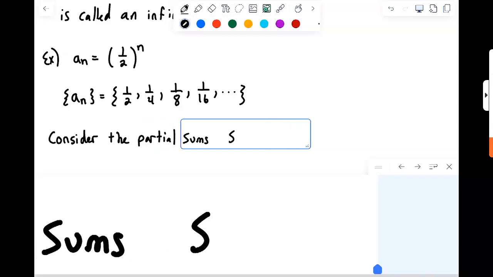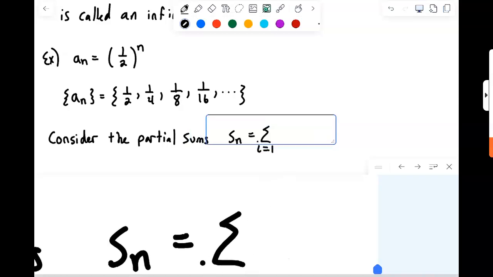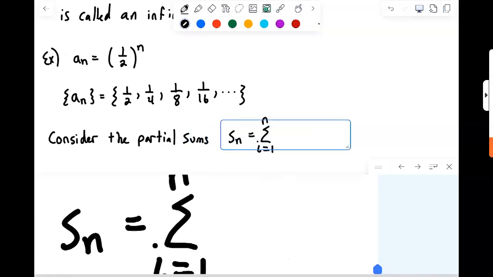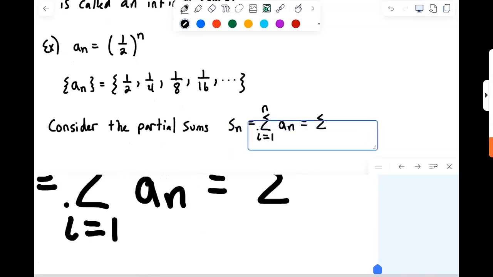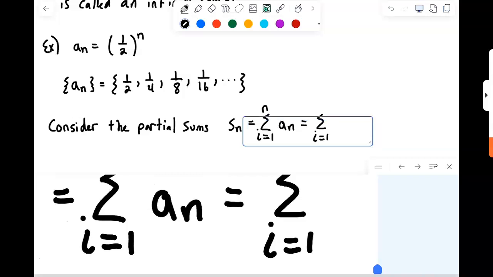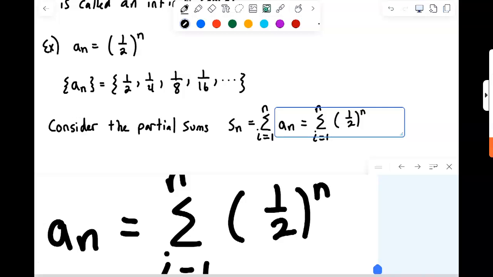S sub n, which is equal to the sum of the first n terms of our sequence. In this case, the sum as i goes from 1 to n of 1/2 raised to the n.